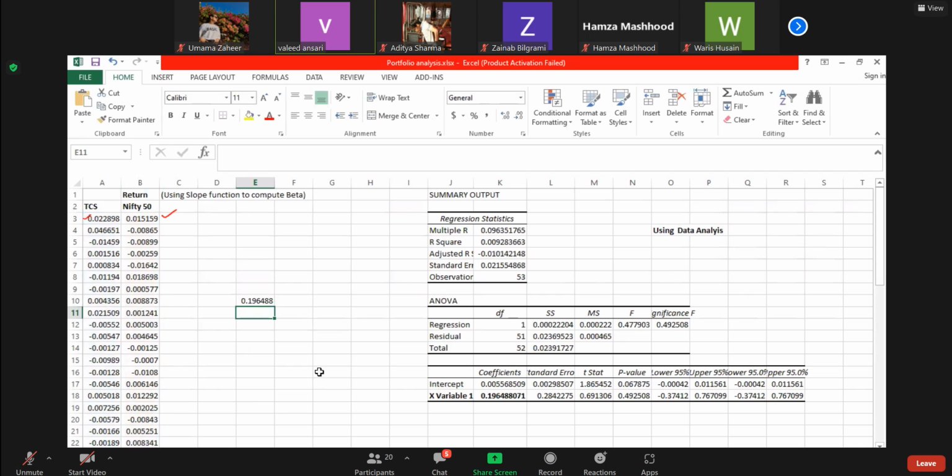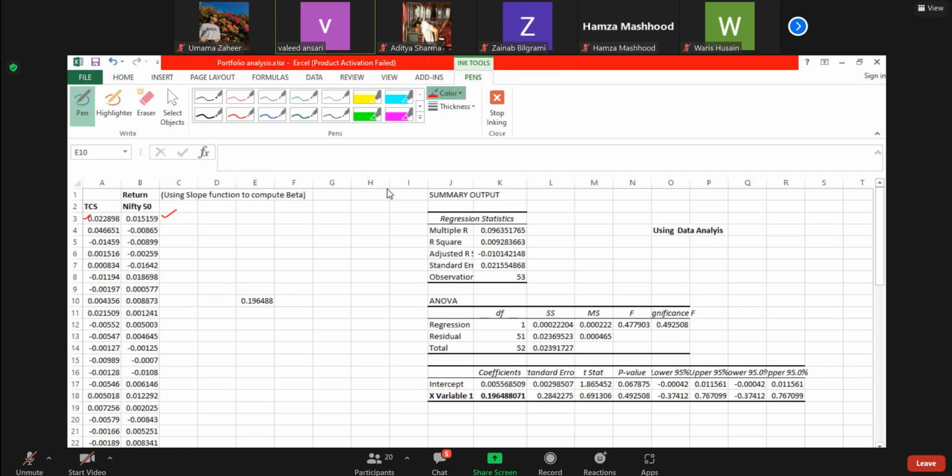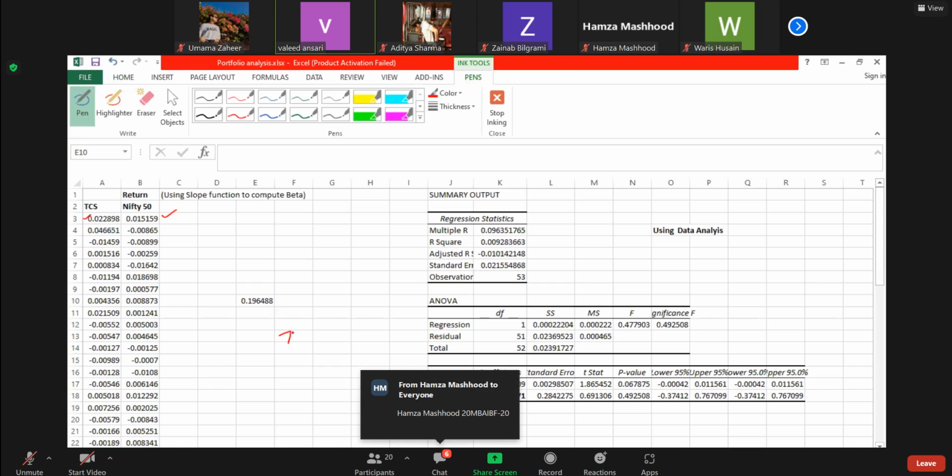You get a beta of 0.916. So it means that this is the same way which we arrived at, the beta is less than 1. In this way, we can calculate it. So it is a defensive stock.